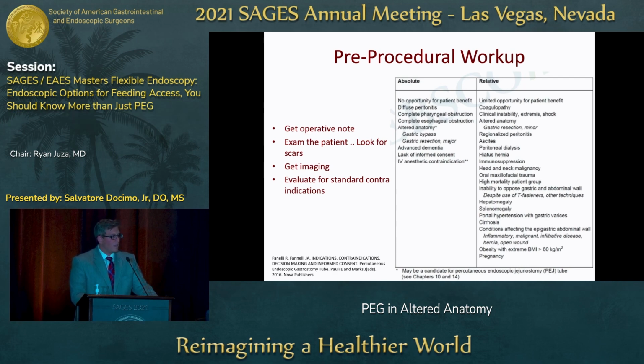And if we look at the absolute contraindications, halfway down it says altered anatomy, such as bypass and previous gastric resections. Building on what we're talking about today, you're still going to have the ability to place PEGs in these patients, which we'll see in a moment.